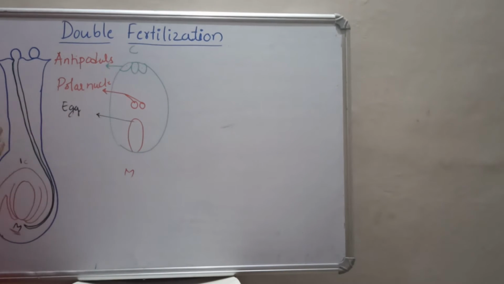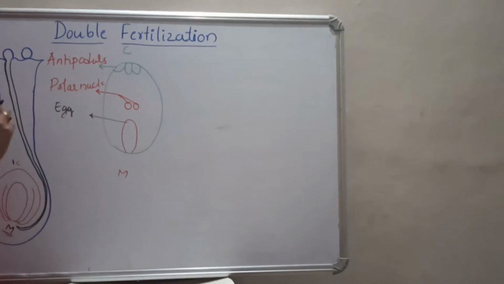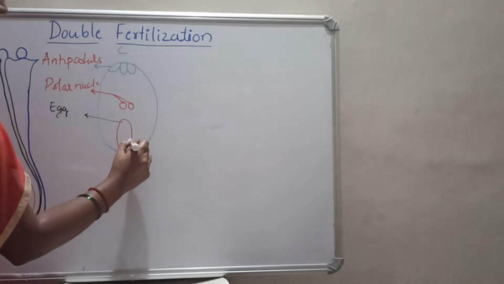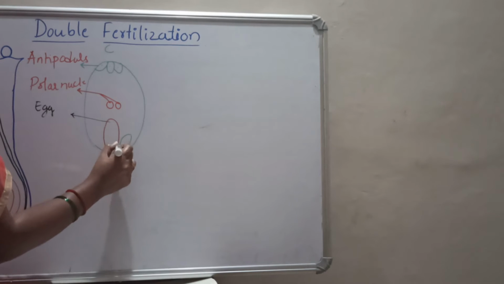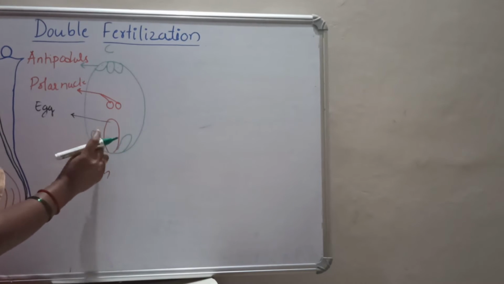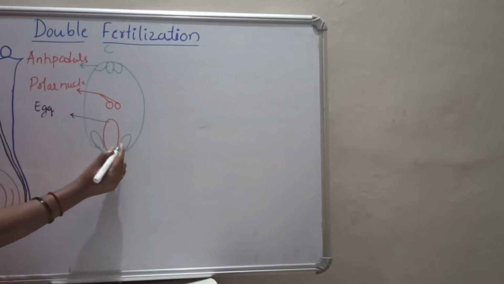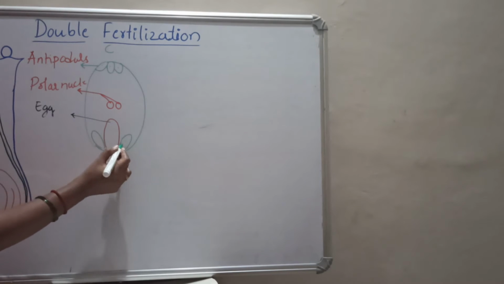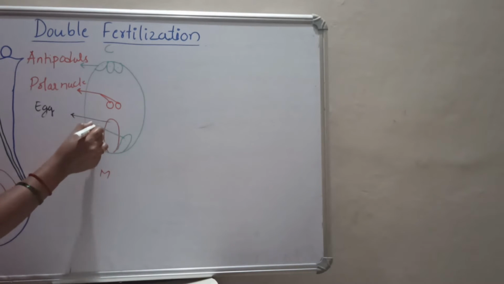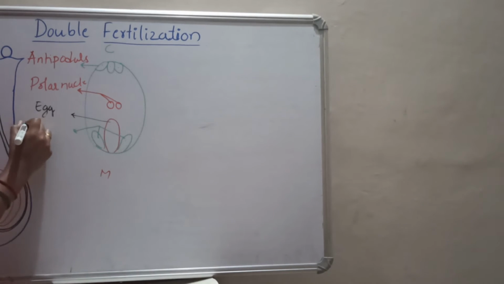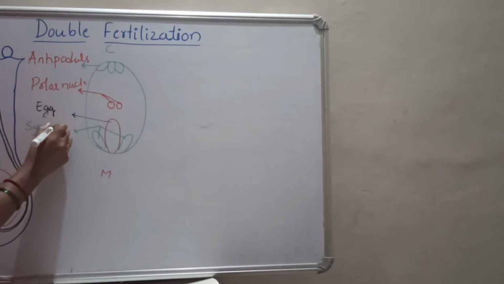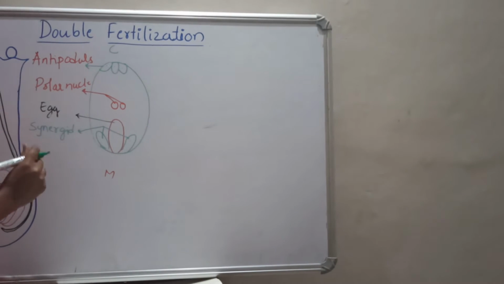The two cells present adjacent to this egg cell are called synergid cells.